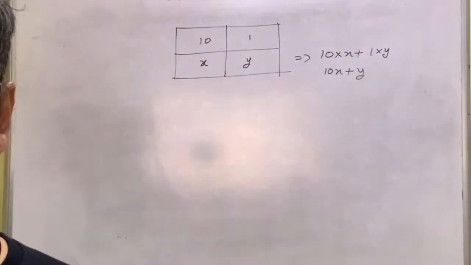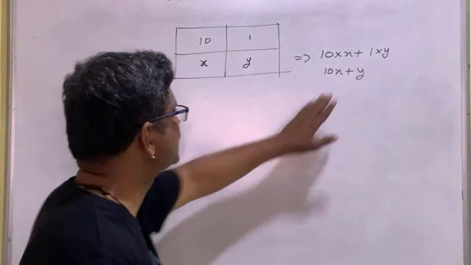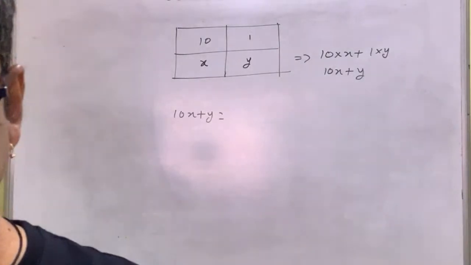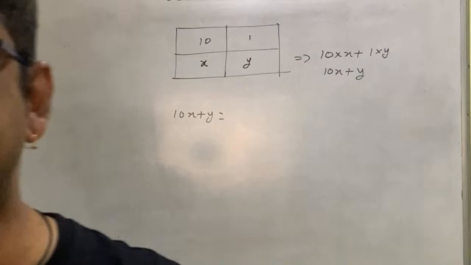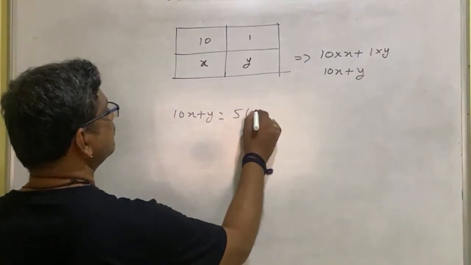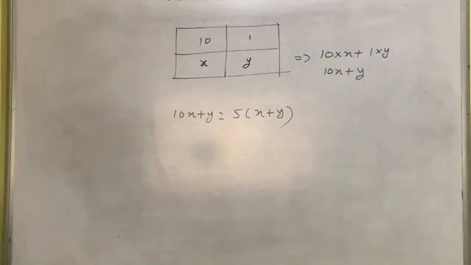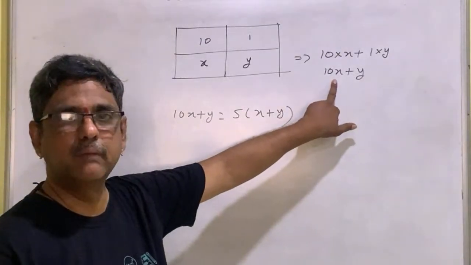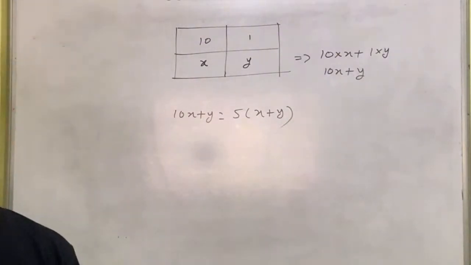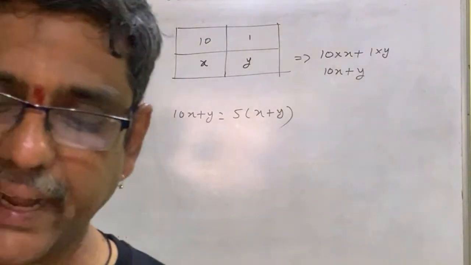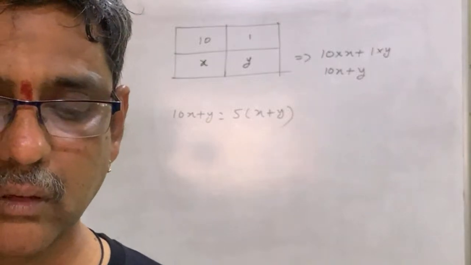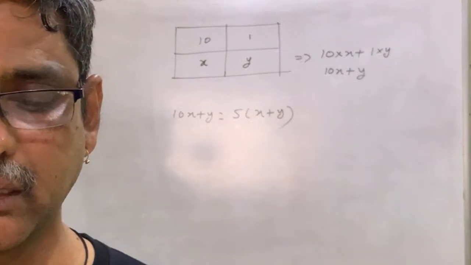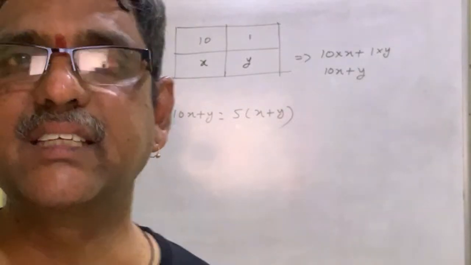Now see the problem. A 2-digit number is 5 times the sum of its digits. This is equation 1. Next, and also equal to 5 more than twice the product of its digits.